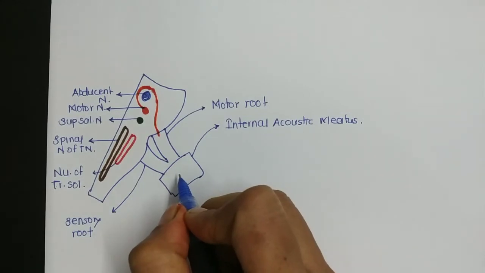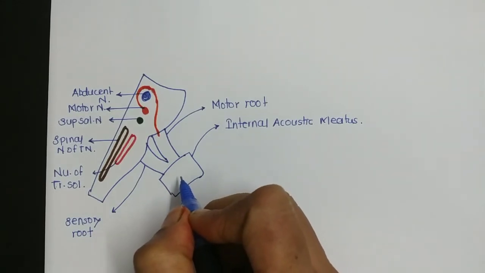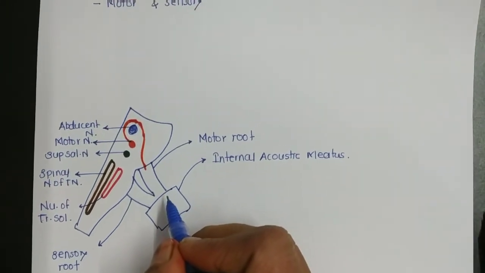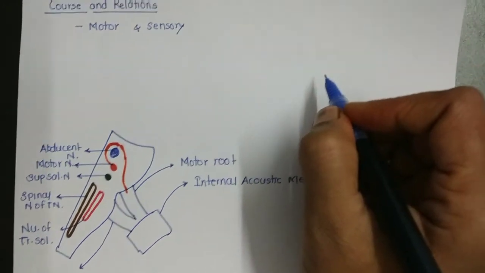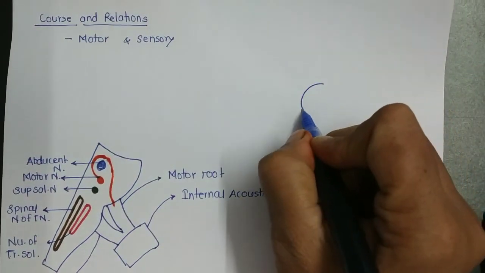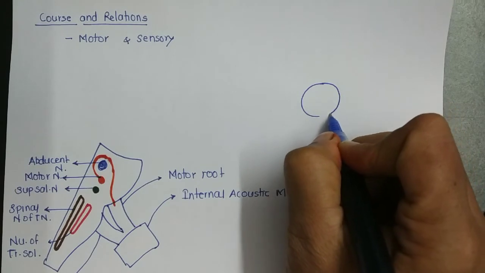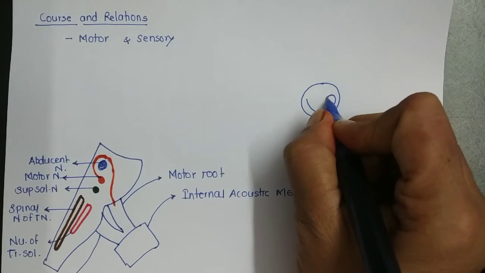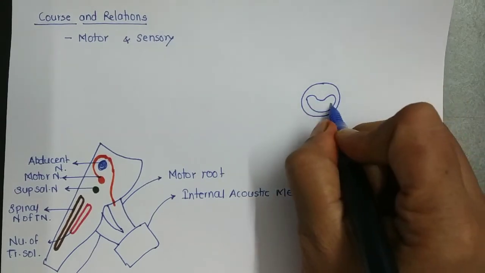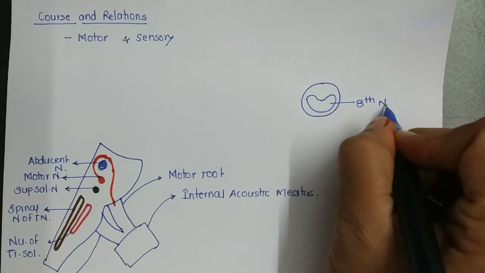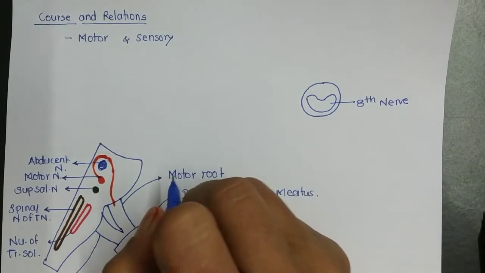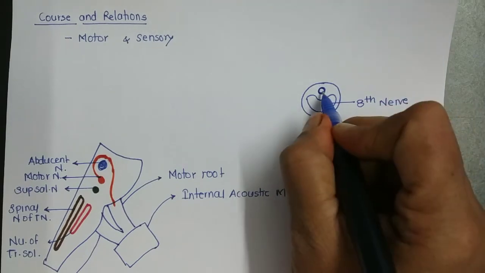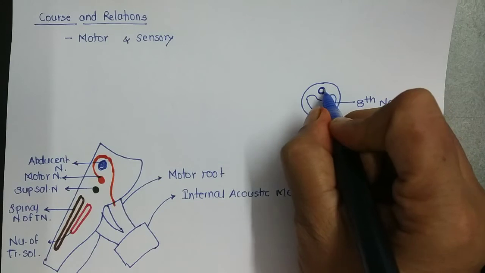Now in the meatus, the motor root of the facial nerve lies in a groove of the 8th nerve. If we go for the cross section of the meatus, we can see this is the cross section of the meatus. This is the 8th cranial nerve, that is the vestibulocochlear nerve. The motor root of the facial nerve lies in the groove of the 8th cranial nerve.